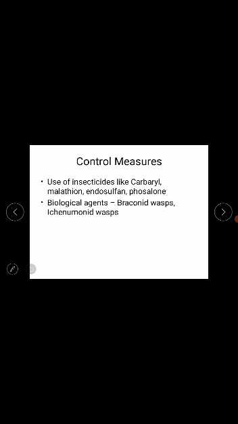Now there is another method in which we use different types of chemicals, for example insecticides like carbaryl, malathion, endosulfan, fenthion, etc. And the third method we call biological control. Here we use biological agents, for example braconid wasp and ichneumonid wasp. So these are the two examples.